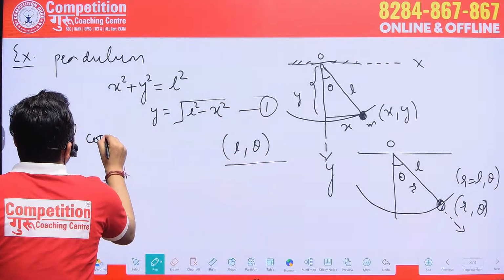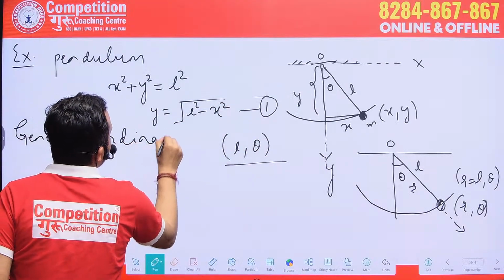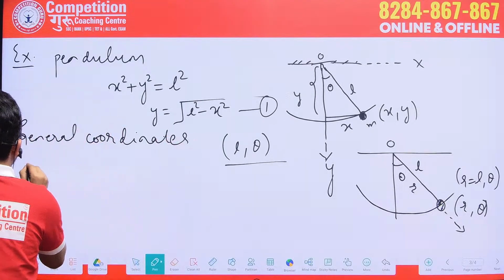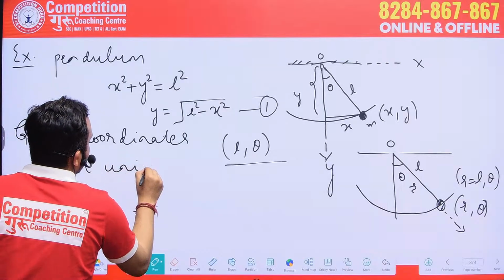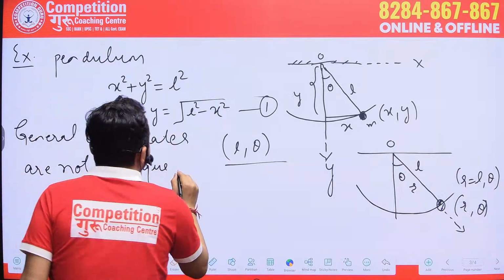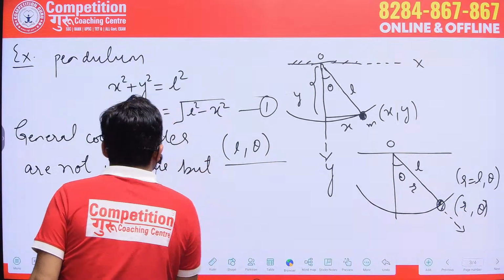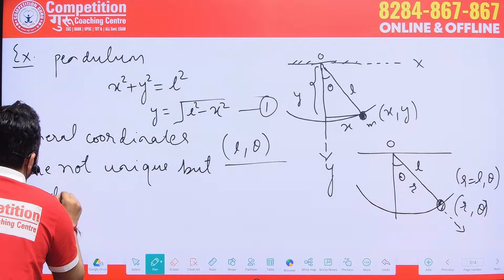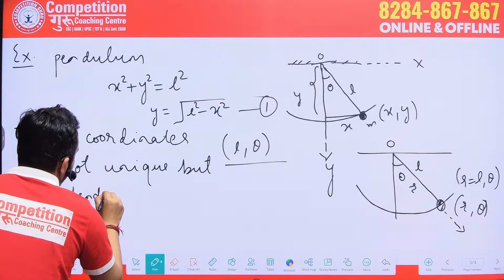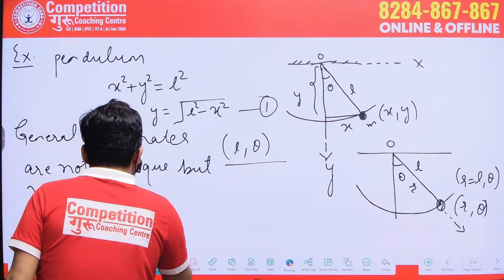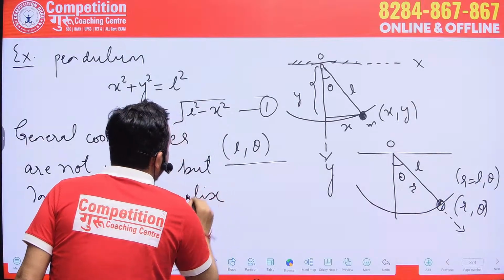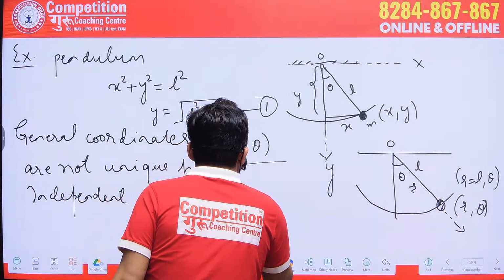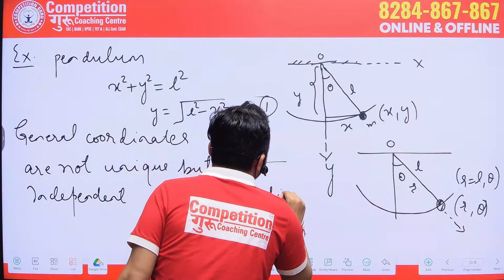So generalized coordinates are not unique, but independent generalized coordinates are unique.